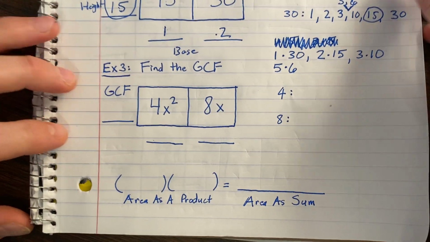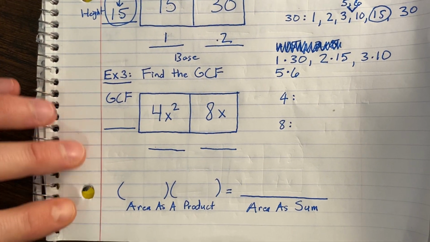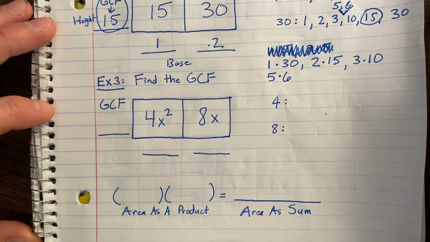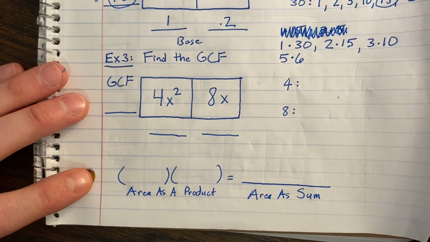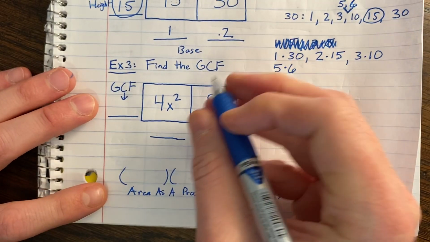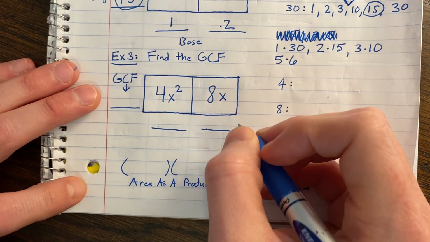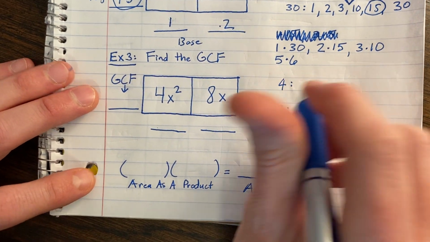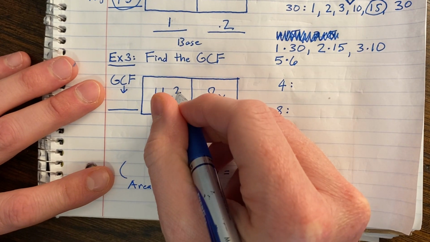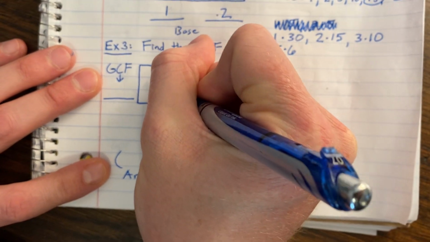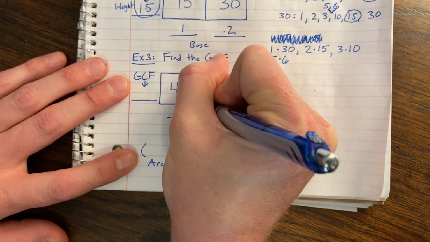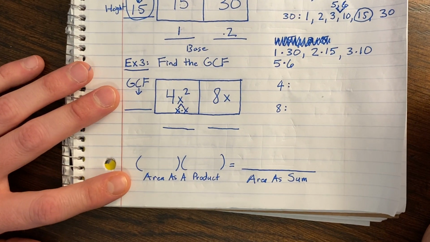We're going to get into the area we need to go. GCF. So we've got to find the GCF. So we have 4x squared and 8x. Oh, we have variables. Well, the variables, let's just do it like this. X squared, really written out long ways, is x times x. There's 2 x's, right?